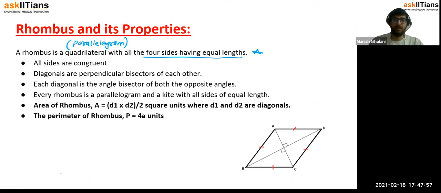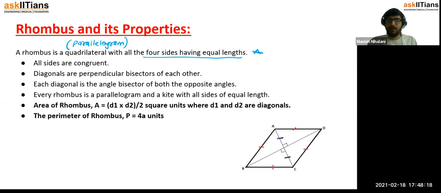So, there are also similarities between square and a rhombus. The first similarity is all sides are equal in a square as well, in a rhombus as well. Now, the second important property is diagonals are perpendicular bisectors of each other. This is also true in case of a square.